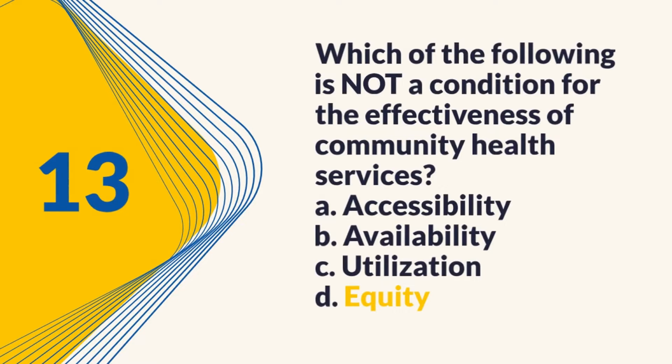For community health services to be effective, they must be accessible, A, and available, B, to the population. Utilization, C, is about how these services are used. However, equity, D, while very important, is a broader principle ensuring fair access rather than a direct condition for effectiveness. Therefore, the correct answer is D, equity.